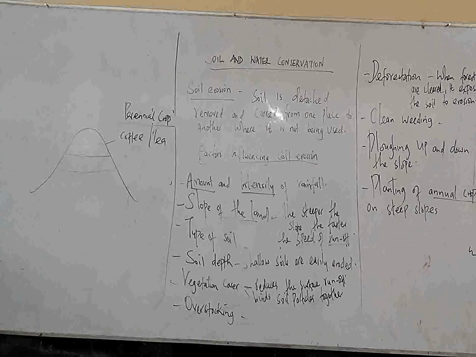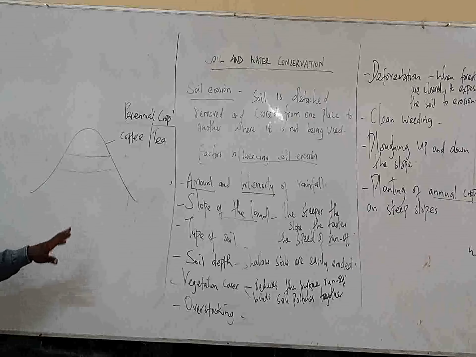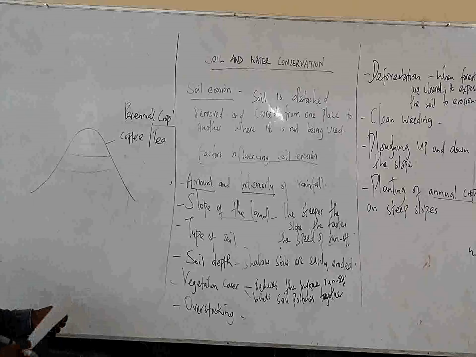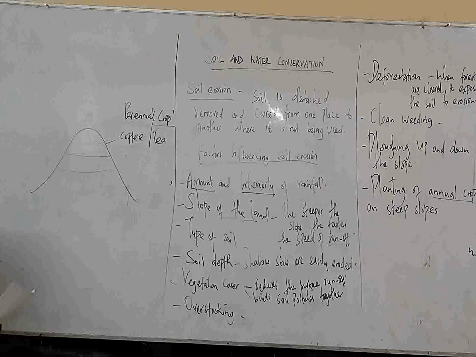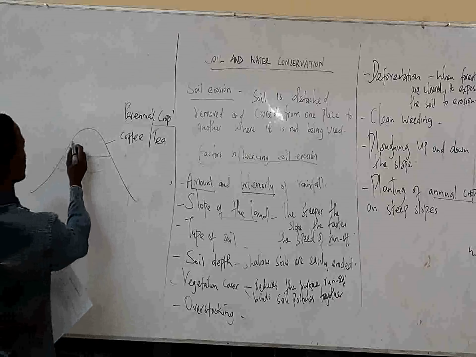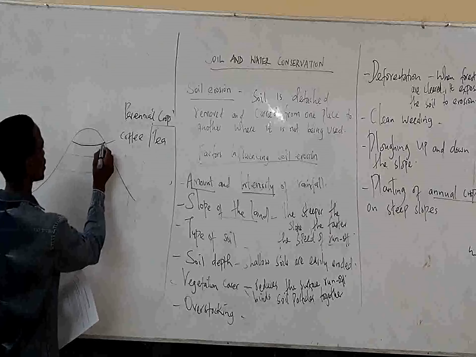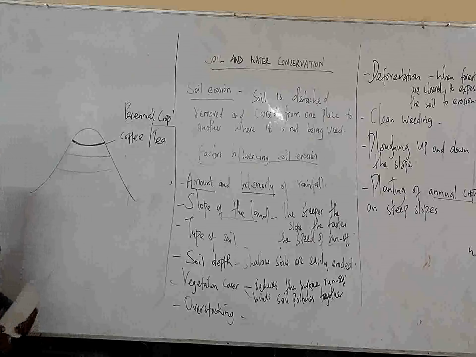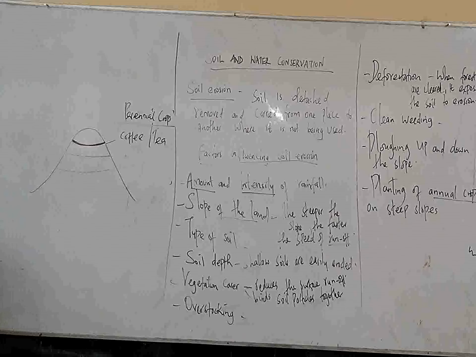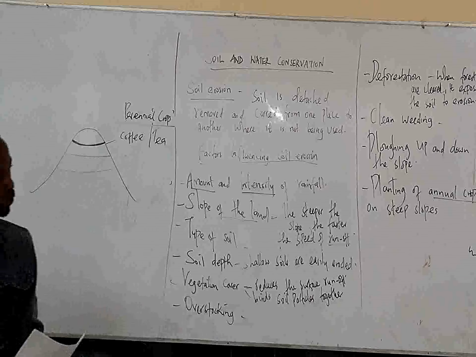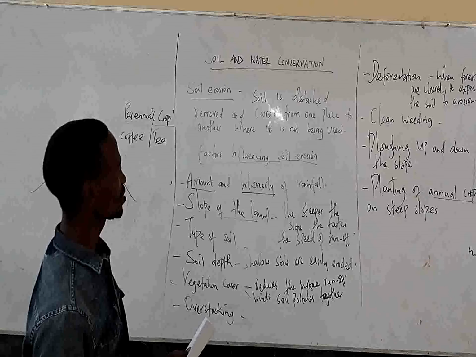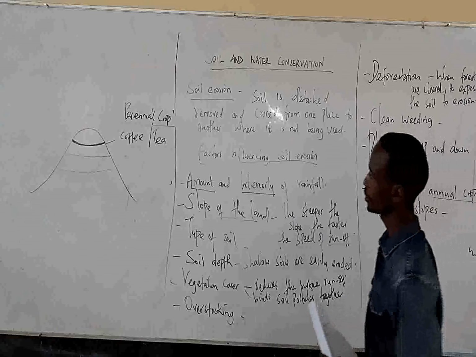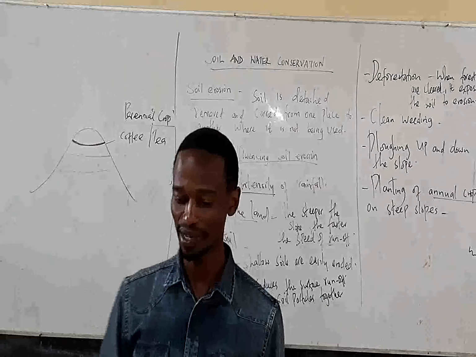And with perennial crops, these are crops which require a period of more than 1 year to grow until they are harvested or they are picked or plucked. So with the coffee, because they have a very extensive ground cover and their roots, they bind the soil particles together, thus leading to control of soil erosion. So planting of annual crops on steep slopes should be avoided as it is a factor which influences soil erosion.